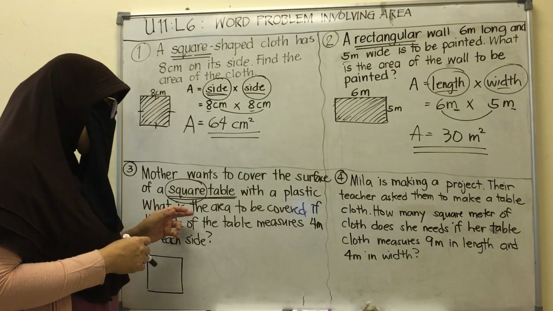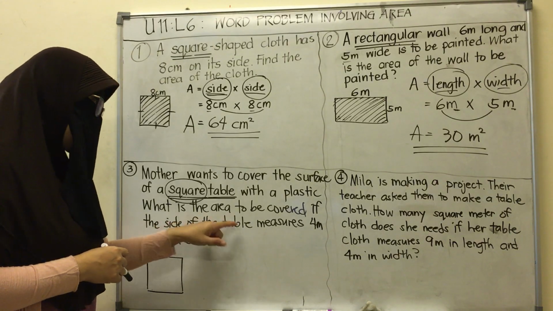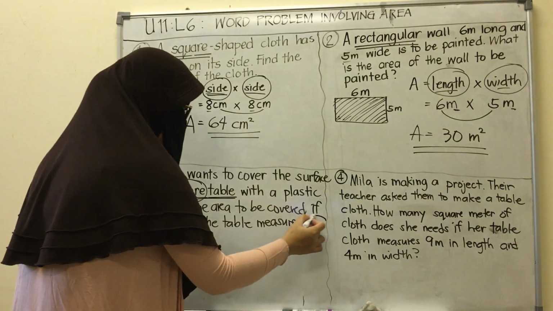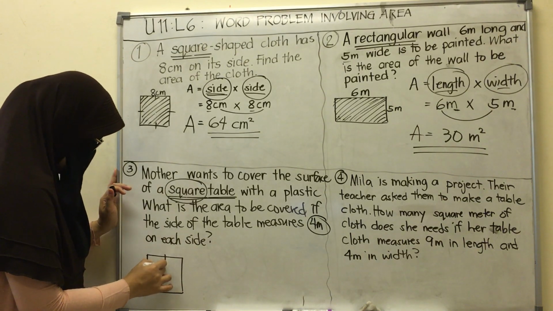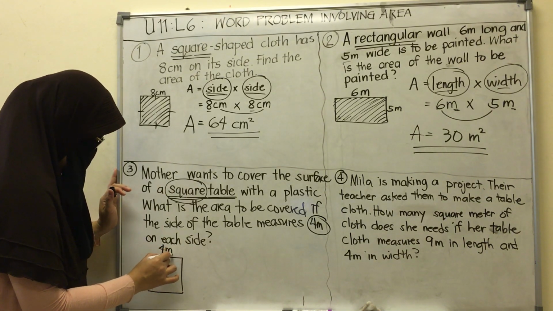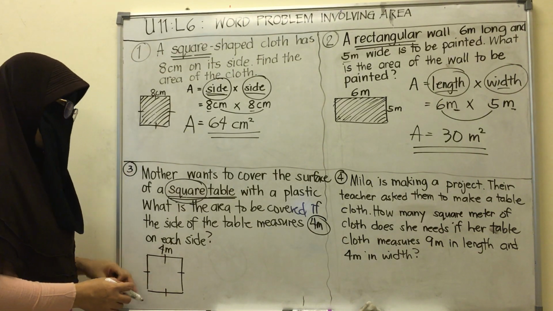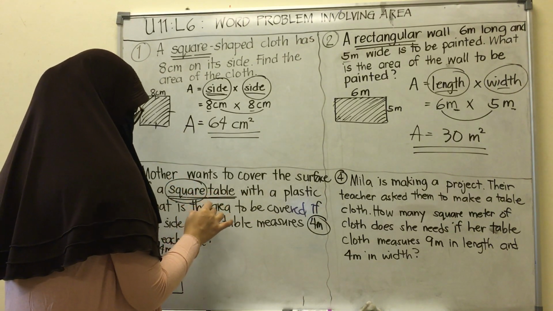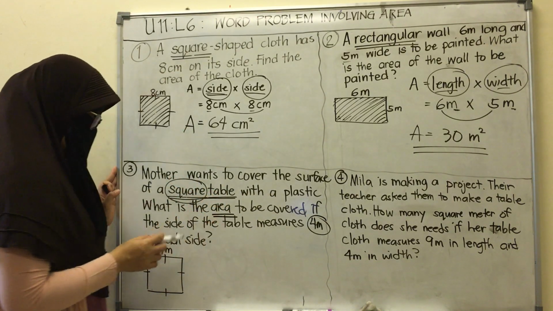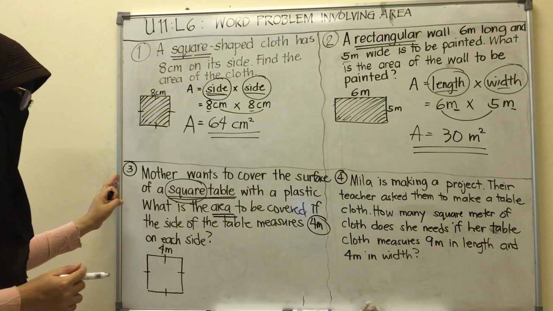Okay? Now, what is the area to be covered if the side of the table measures 4 meters on each side? So all sides are 4 meters. Now, we are asked about the area of the surface that needs to be covered.